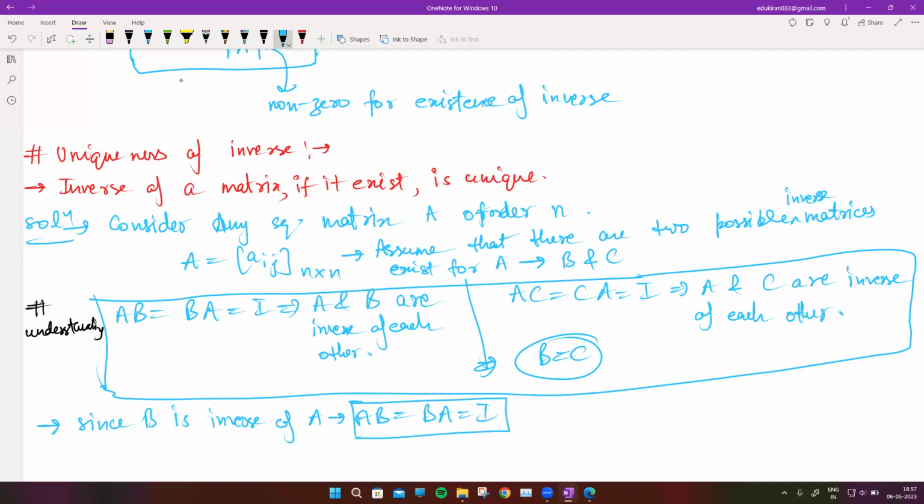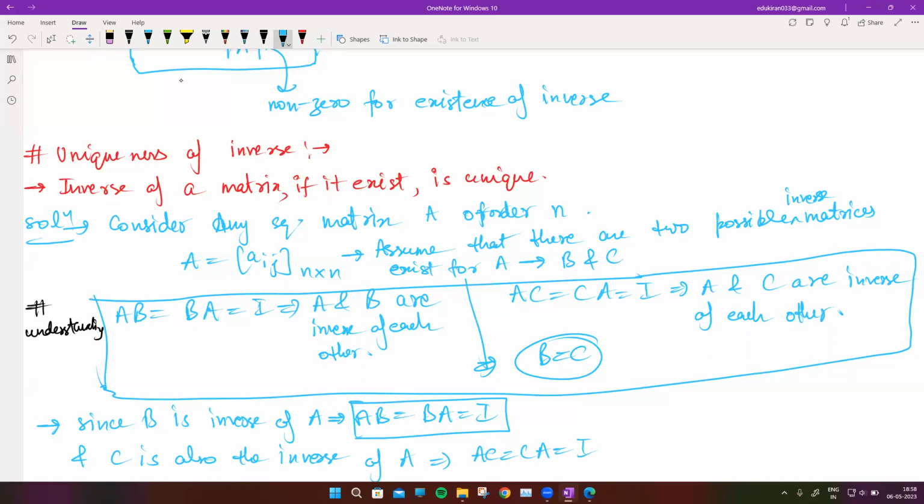We first assume that there are two possible inverse matrices for A, and we are naming them B and C. And C is also the inverse of A, so it means that AC is equal to CA is equal to I.